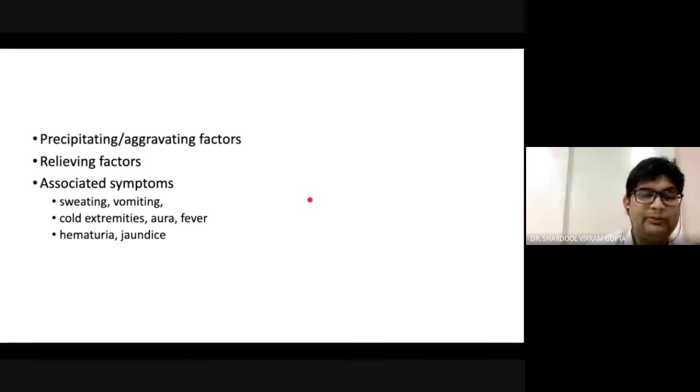And then you will elicit the precipitating and aggravating factors and relieving factors, how the pain is precipitated and how the pain is getting relieved or not. And associated symptoms: whether it is associated with sweating, like in angina, or with vomiting, like the pain in gastric outlet obstruction, or even acute gastroenteritis, where the pain will be associated with vomiting.